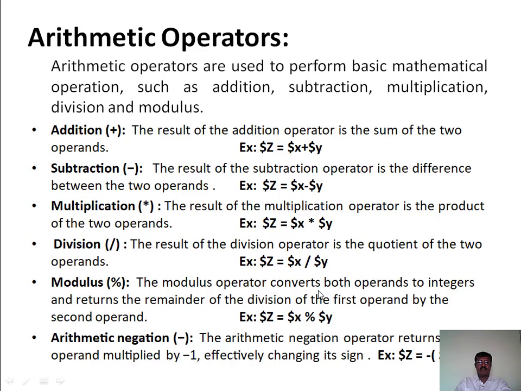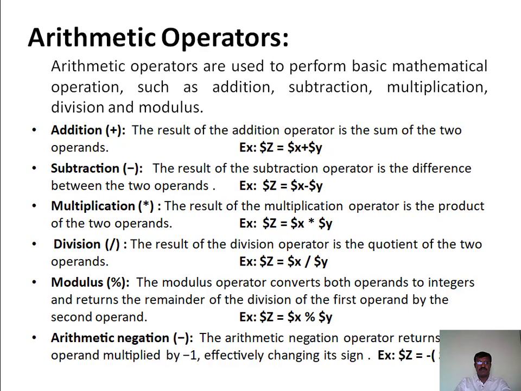The modulus operator converts both operands to integers and returns the remainder of the division of the first operand by the second operand. So in modulus operator, first it will convert both the operands to integer type, and then it will perform a division.